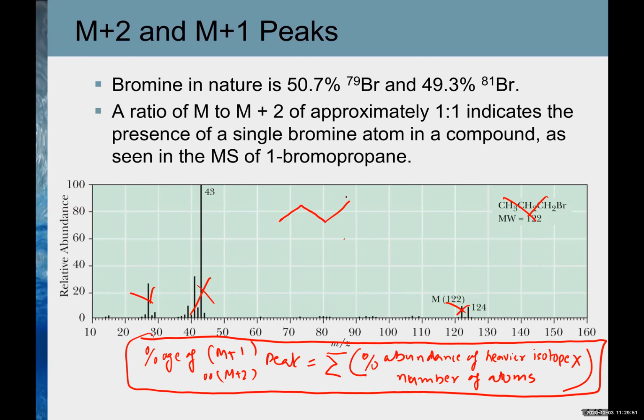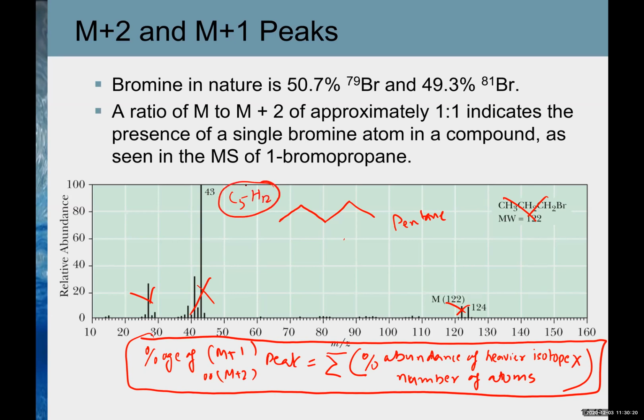So this is pentane, with 5 carbons, formula C5H12.